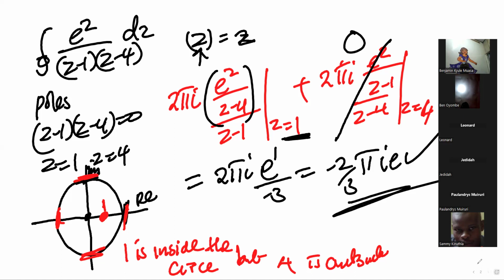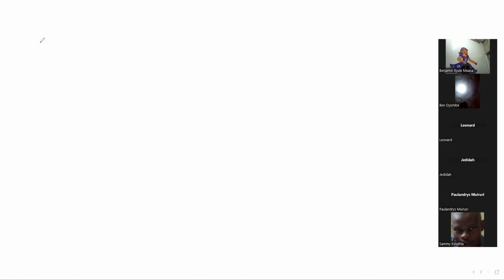Number 3 looks like this: integration of z minus 2z minus 1 plus 1 over z squared plus 2 dz.